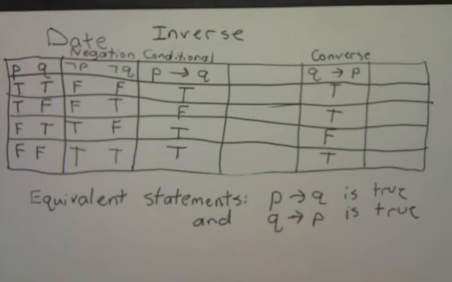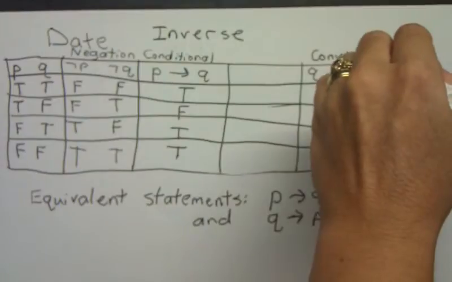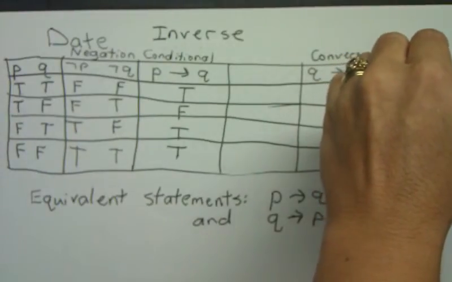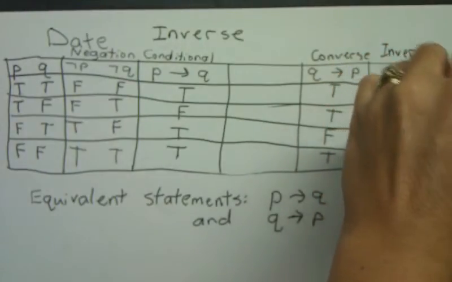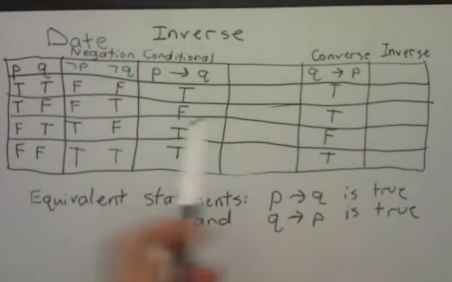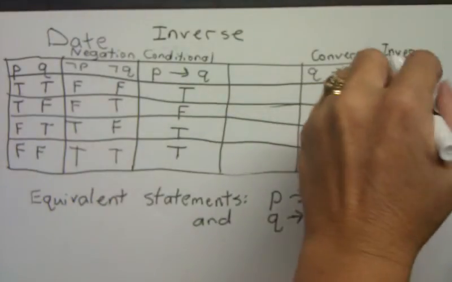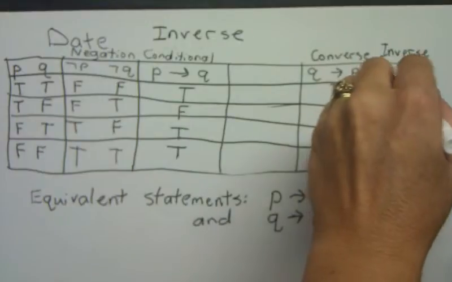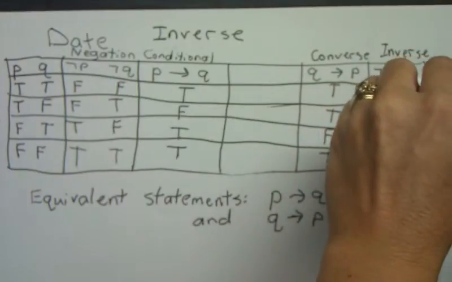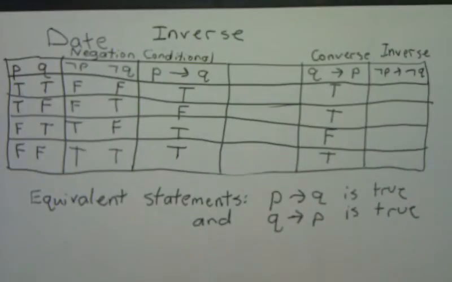That's inverting a fraction. Okay. What we're going to do here, I'm going to put inverse all the way over here. Inverse says we have to negate, look at the conditional right here, and negate them. Inverse means if not P, then not Q. Okay?